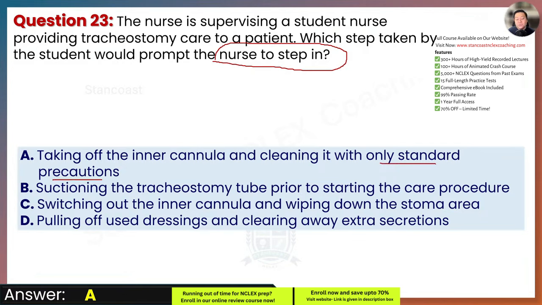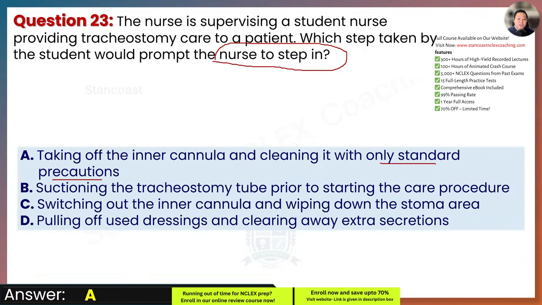Now, when it comes to performing tracheostomy care, the most important thing to remember is that the sterile technique is absolutely critical. You're not going to use clean gloves here. You're going to use sterile gloves. You're going to use all the equipment that touches the client's airway here should be sterile.